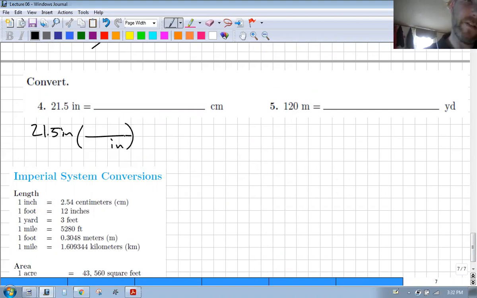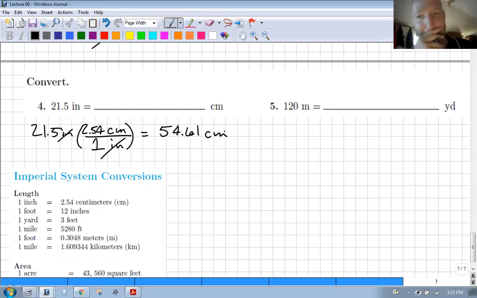Get rid of inches. We want centimeters. 1 inch is 2.54 centimeters. So we have 21.5 times 2.54. Gives us 54.61 centimeters.